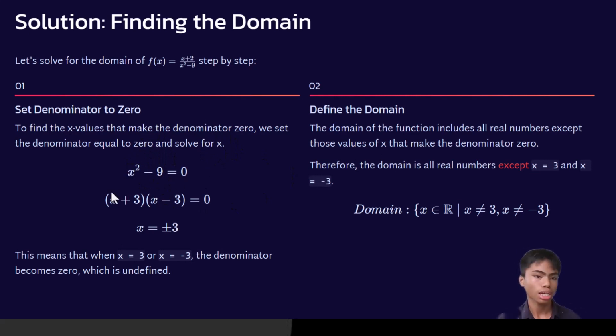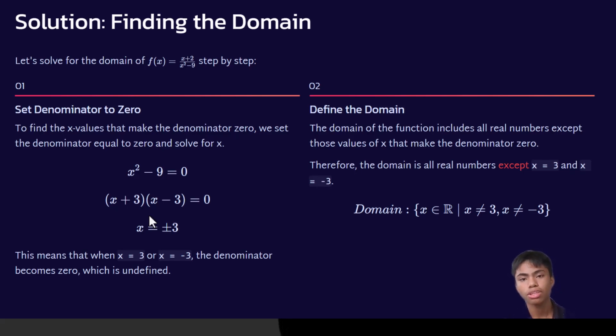We factor x squared minus 9 and turn it into x plus 3 times x minus 3. Now, x plus 3 becomes negative 3 and x minus 3 becomes positive 3. This means that when x equals 3 or x equals negative 3, the denominator becomes 0, which is undefined.